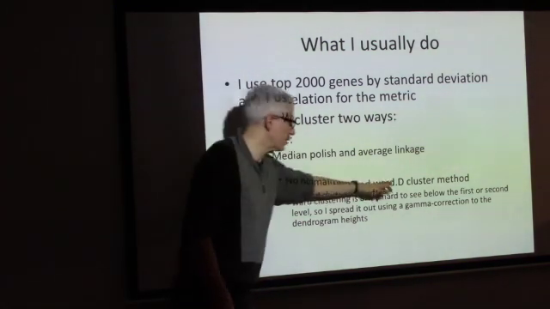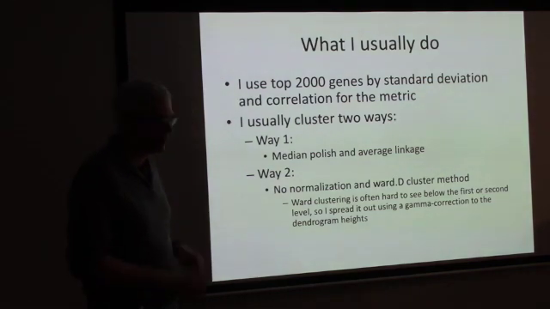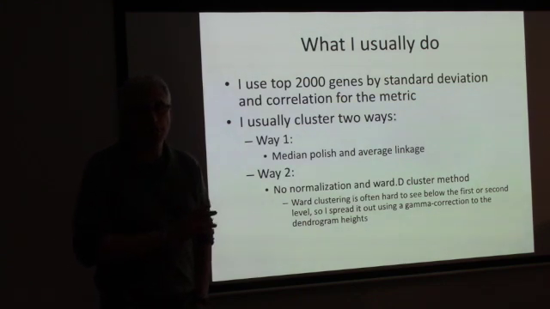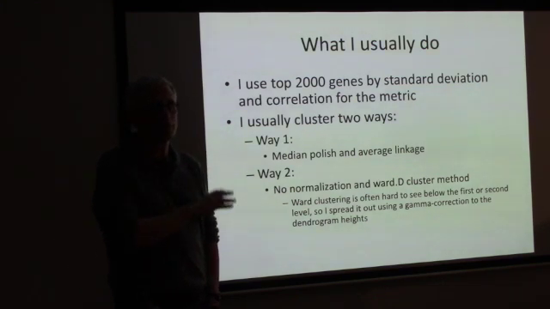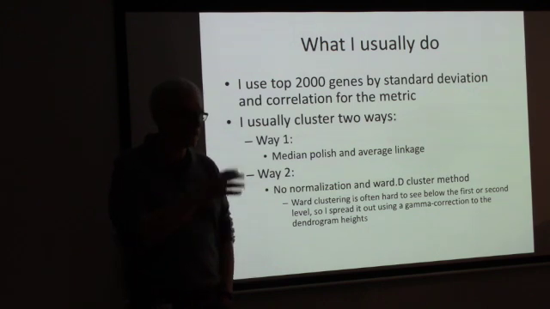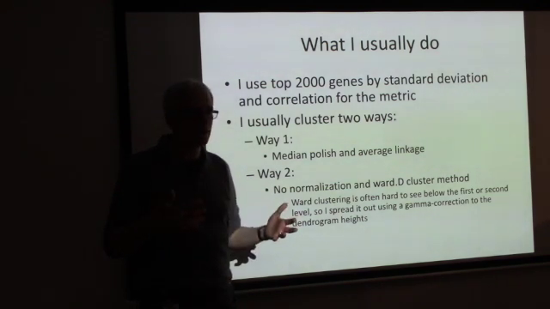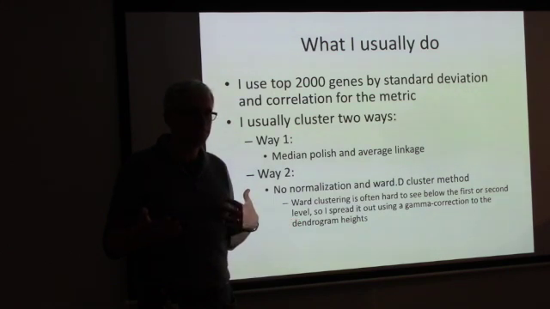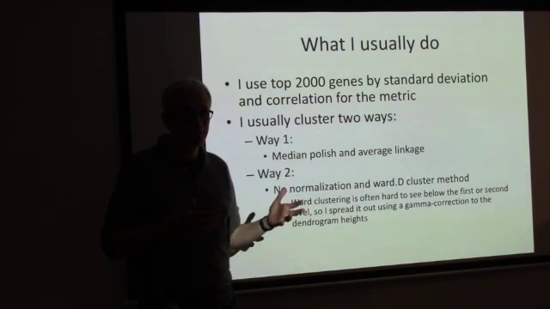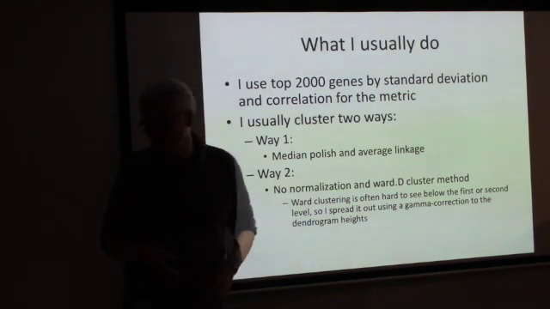It's called Ward.D, the precise one in R. Okay, so I'll leave it at that. That is what I normally do. In other words, I cluster it two different ways and look to see whether these are telling the same story. If not, then I'm somewhat suspicious of the story that one or the other is telling. Hopefully they'll tell the same story.